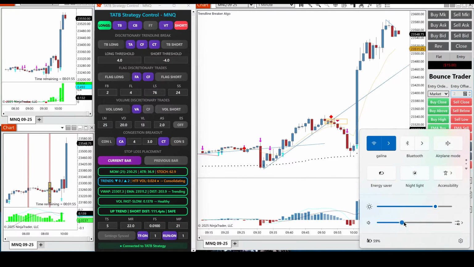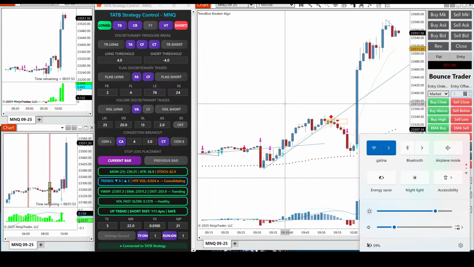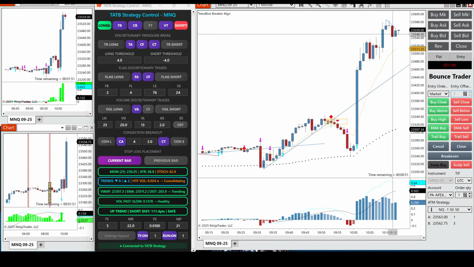Let me turn it down a little bit. So we had a bull flag setup, but this is way too much in the premium, too high for me to take that. So I'm not taking that.